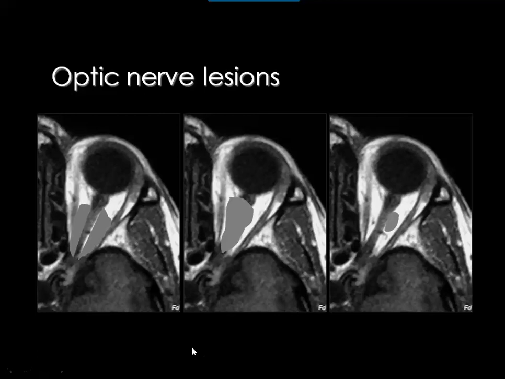But if you see a lesion that is partly in contact with the optic nerve, this is not an optic nerve pathology. The optic nerve lesion will have the same course, will extend along the course of the nerve, whether you can see the nerve itself or you cannot see the nerve within the tumor.